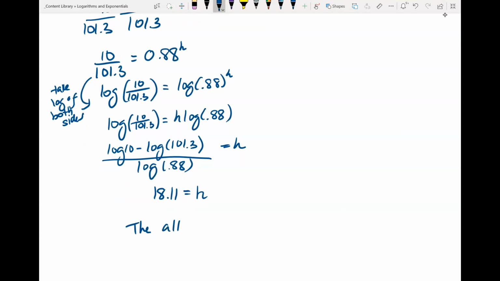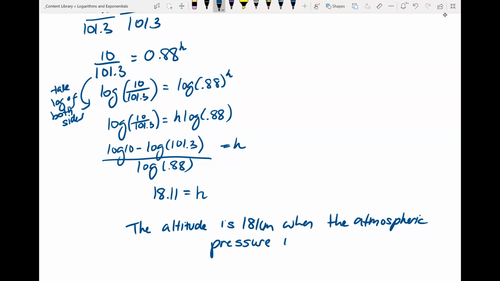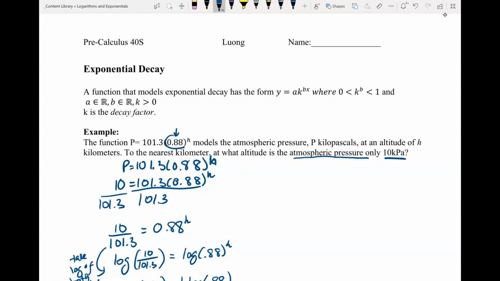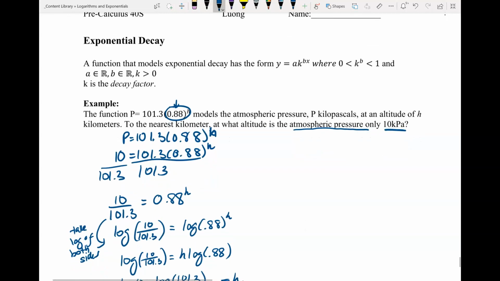The altitude is 18 kilometers when the atmospheric pressure is 10 kilopascals. So again, you know this is an exponential decay question. Because of our base, it's smaller than 1, but larger than 0. And that's when we would know it has a decay factor.